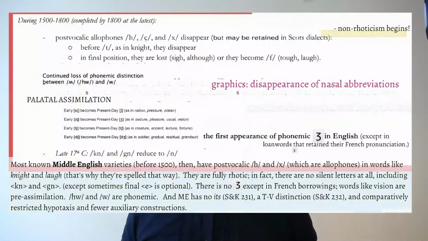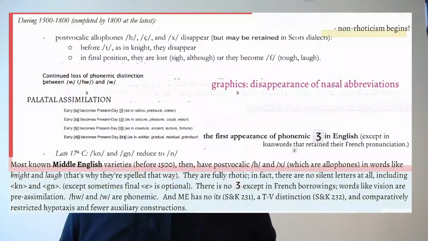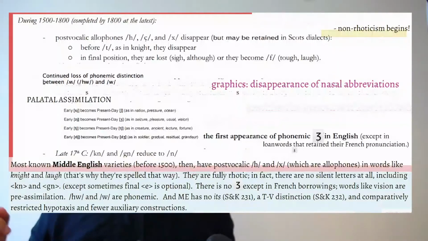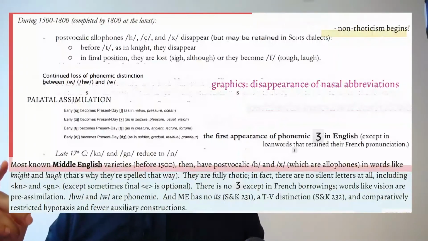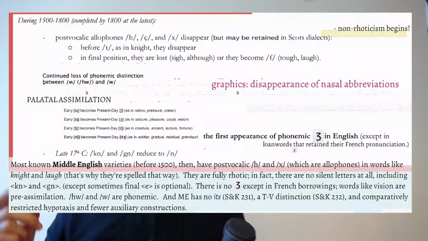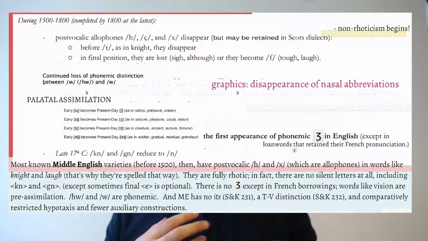Silent letters do not happen in Middle English. Indeed, we would say most known Middle English varieties, that is, varieties spoken before 1500, have post-vocalic h and h, which are allophones in words like knicht and lach. That's why they're spelled that way. Middle English varieties are fully rhotic. They pronounce all their R's.